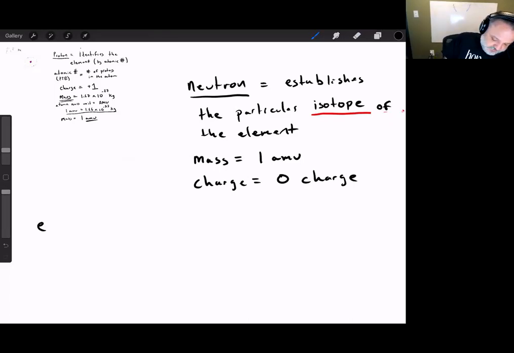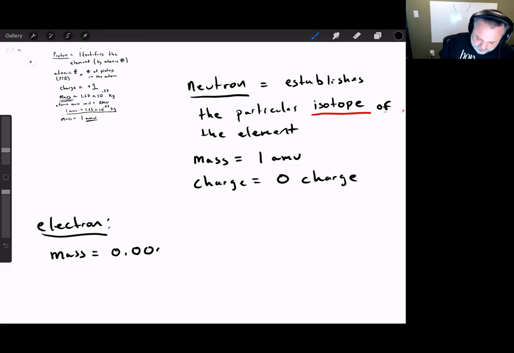Now, what about the electron? We said something about the electron being very small. It has a mass equal to 0.0005 AMU.